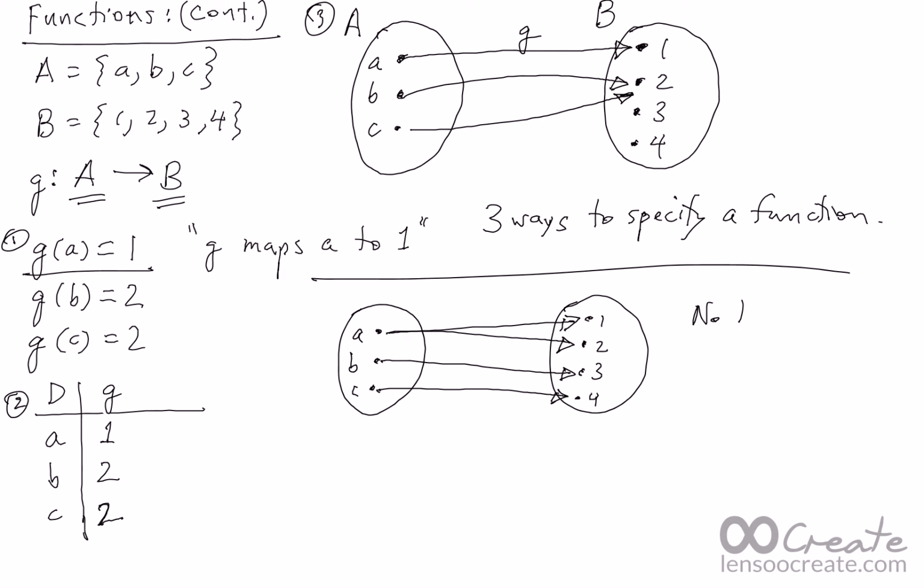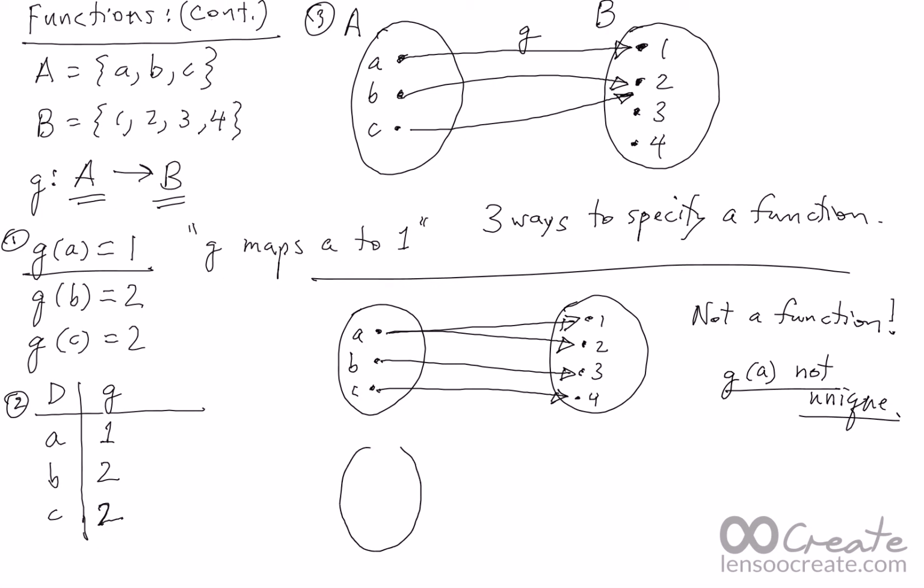This is not a function, because g of a is not unique. g of a appears to be both 1 and 2, so we're not allowed to do that. g of a is not unique because I have arrows from a going to two different elements.